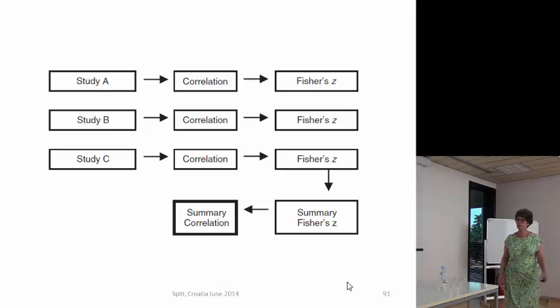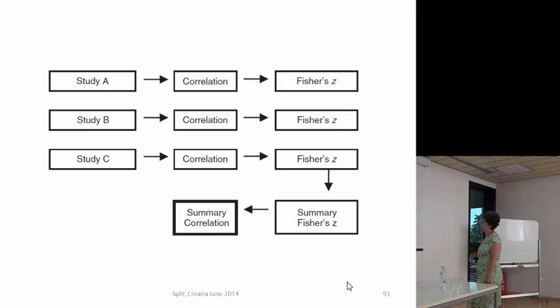Okay. As with some of the other measures we looked at, with correlations we don't actually do the meta-analysis on the correlation, but we convert it to something called the Fisher r to z transformation. Fisher z is not the same z as in the z-score, though, so don't think it's the same thing.